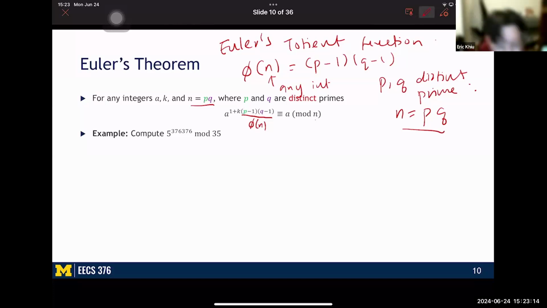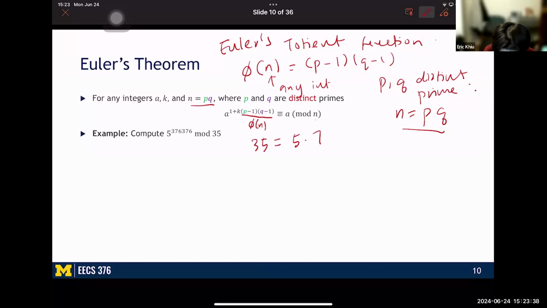Okay, so let's do this example. 5 raised to the 376 mod 35. We know that 35 is a composite number, it's not prime, so we can't use FLT. But we can use Euler's theorem, because I'm pretty nice to put a small example here where we know that 35 is 5 times 7.